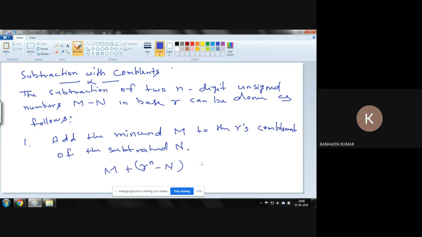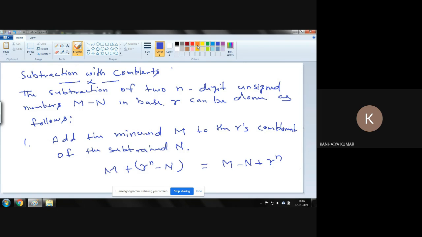Or we can write it as m minus n plus r to the power n. So this is the first step of performing subtraction of two unsigned numbers.